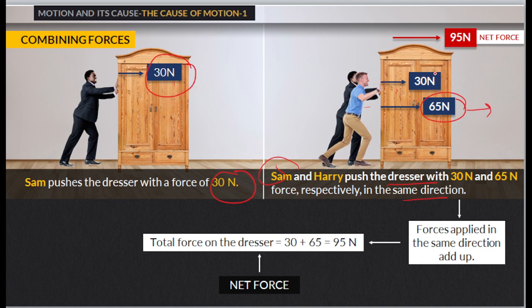In this case the total force is 30 plus 65, so that is 95 Newton. We call the total force the net force. Forces applied in the same direction add up, because both Sam and Harry are applying force in the same direction, so we add these two forces.